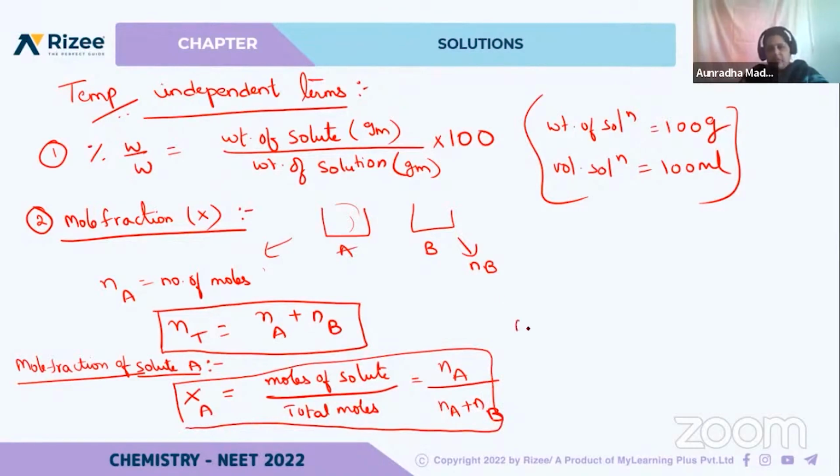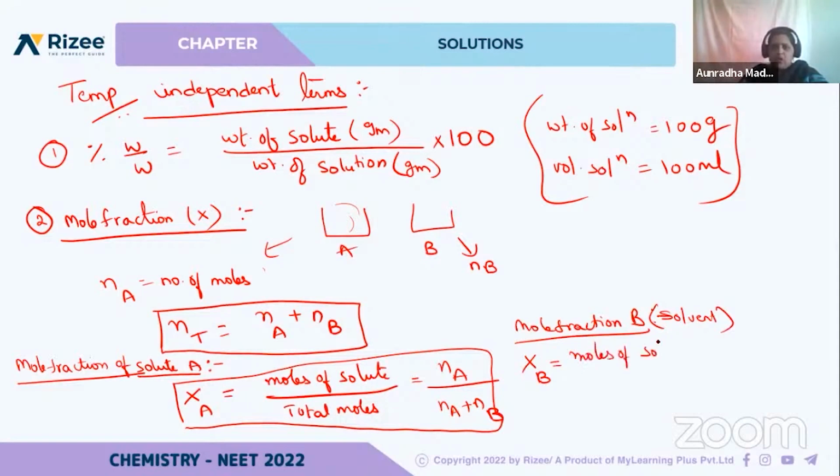Next, let's see the mole fraction of B, or else we can say the solvent. XB, the mole fraction of solvent B, is equal to moles of solvent by total number of moles, that is Nb by Na plus Nb.